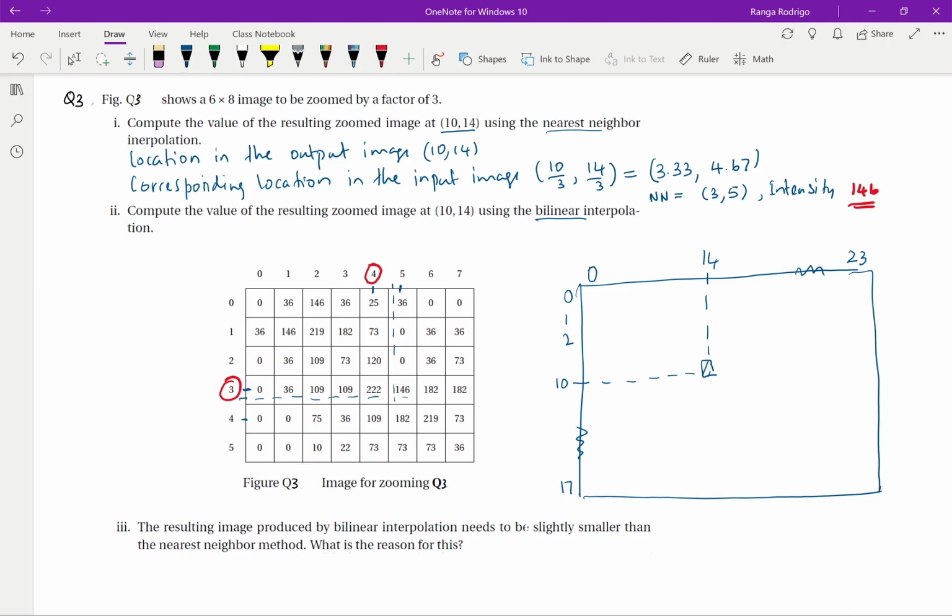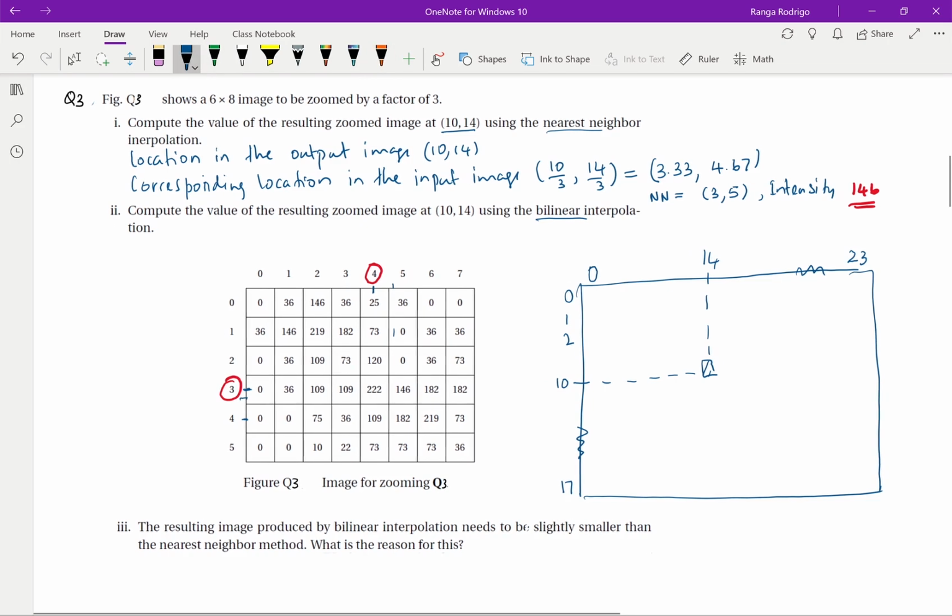Now what we need to do is the bilinear one. To do the bilinear one, we need to find the 4 neighbors that are around the location of interest.